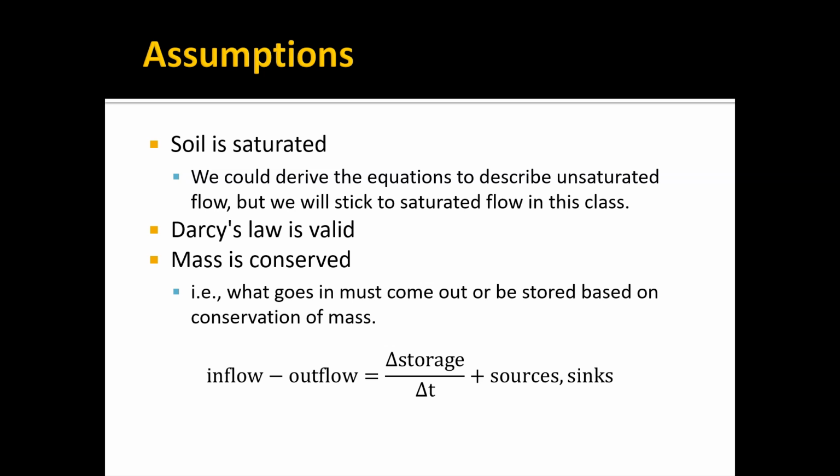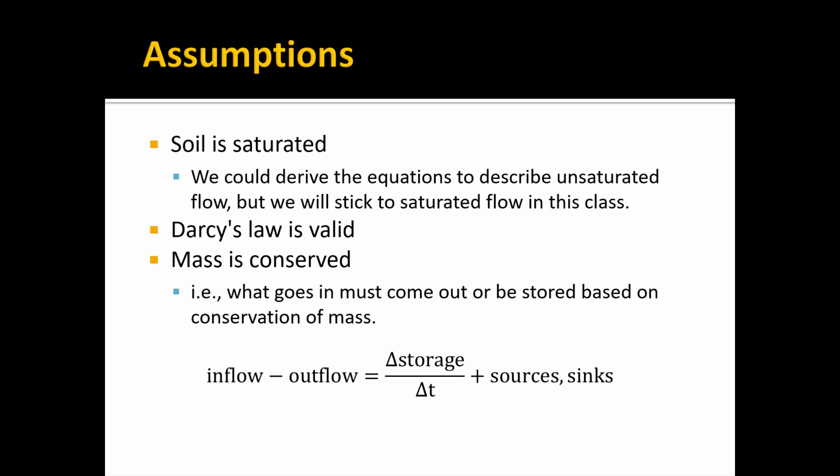So a change in storage means maybe that, remember we're talking about a saturated zone, so that could either expand or contract a little bit, changing how much water is stored in that element. Or sources and sinks, maybe in this representative element you have a well screen, you're pumping water out.